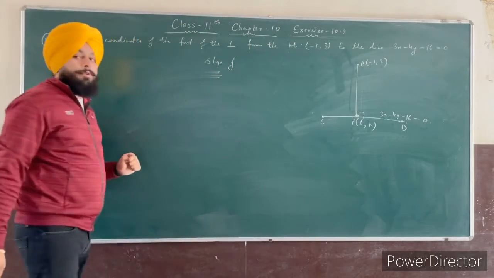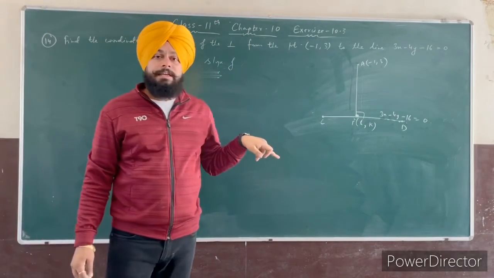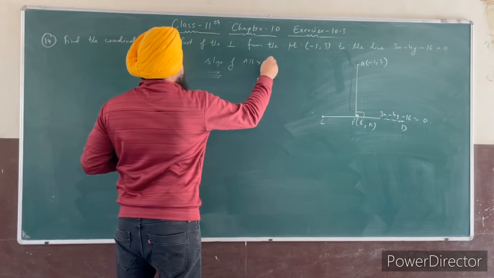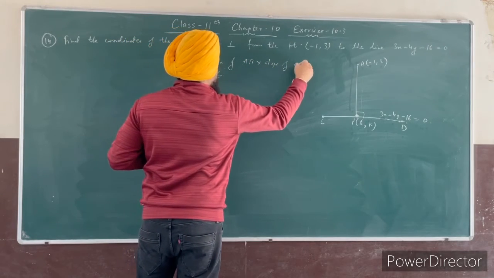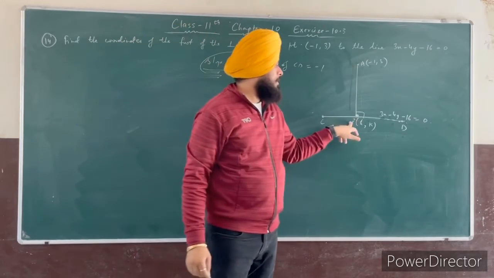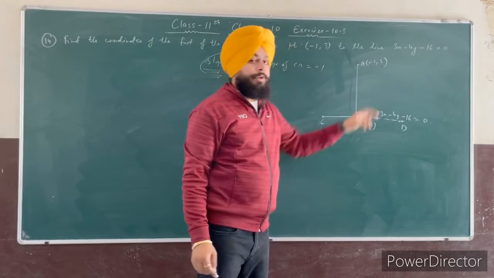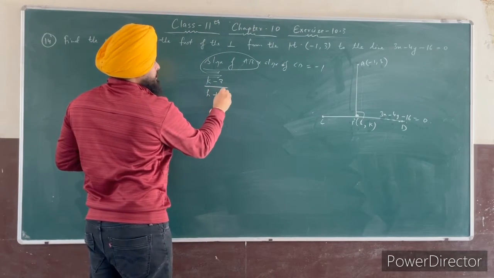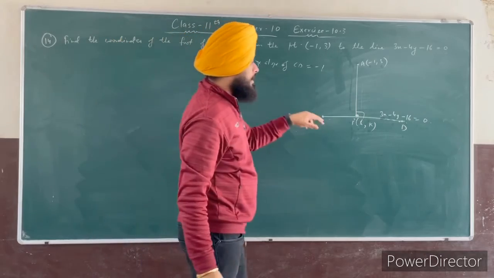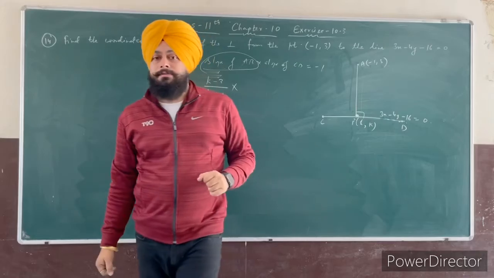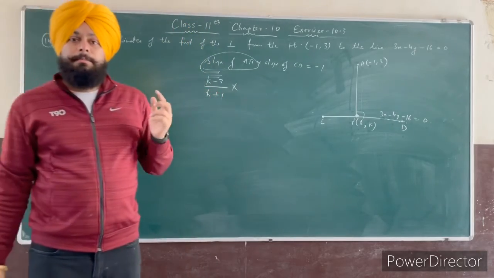We know that the product of the slopes of AB and CD is equal to -1 for perpendicular lines. Slope of AB, two points are given: (y2 minus y1), k minus 3, over h plus 1, multiplied by the slope of CD. The equation of line CD is given. We know that the slope of a line is minus a upon b.